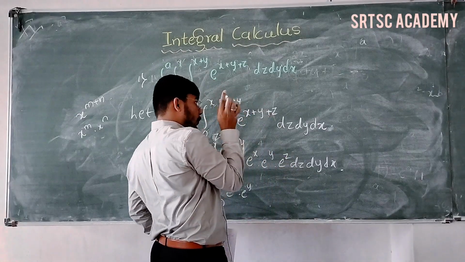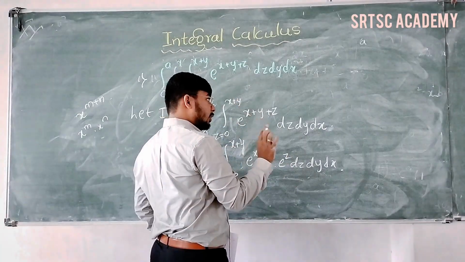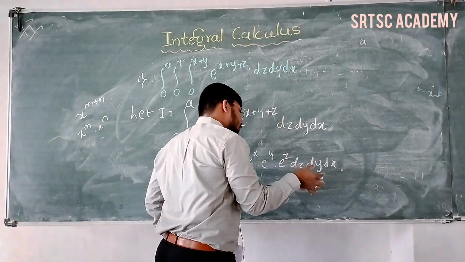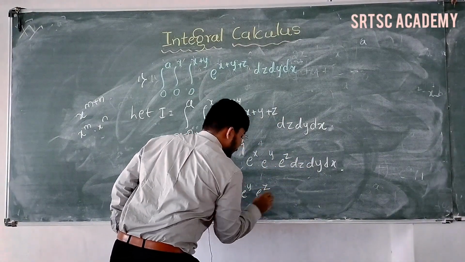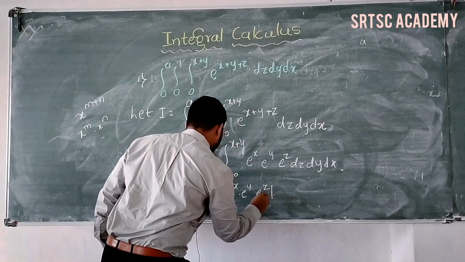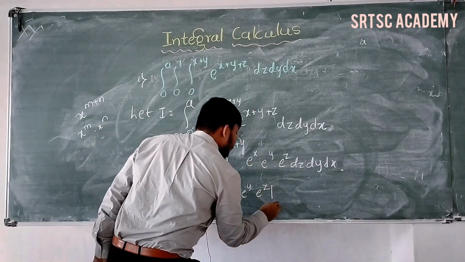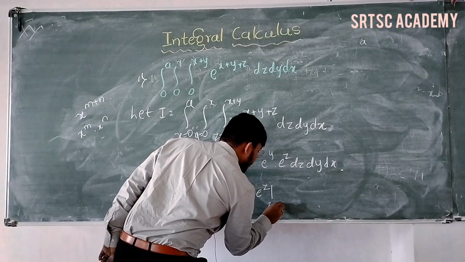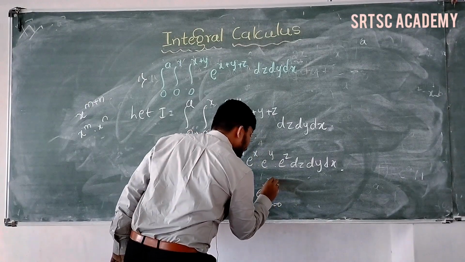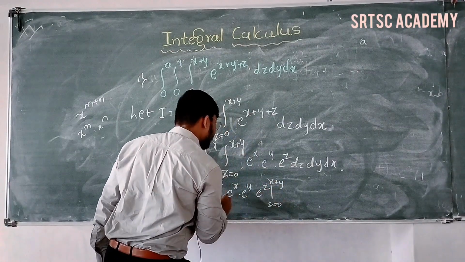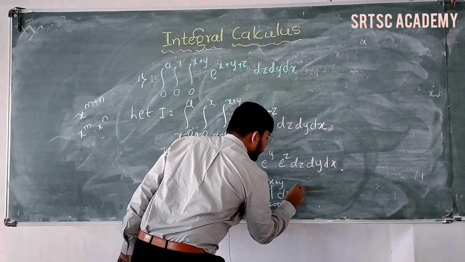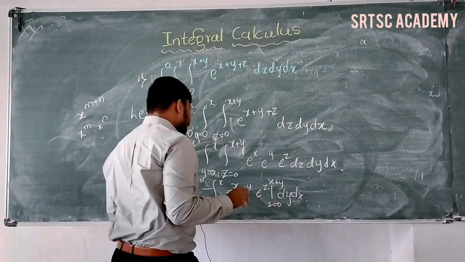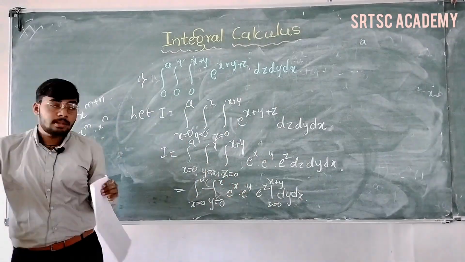I told the formula, right? Integration of e to the power x dx is e to the power x only. So here also e to the power z only. Apply the limit for this. What is the limit? z varies from 0 to x plus y. After that what we have to do? We have to integrate with respect to y and x. Okay. Simplify this.